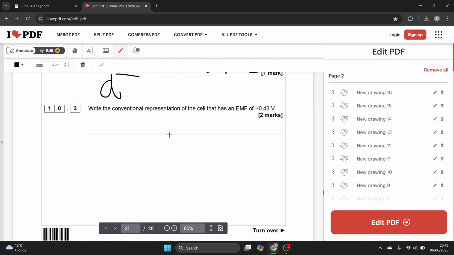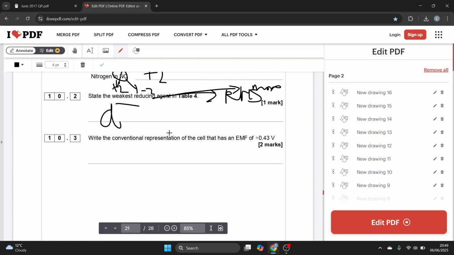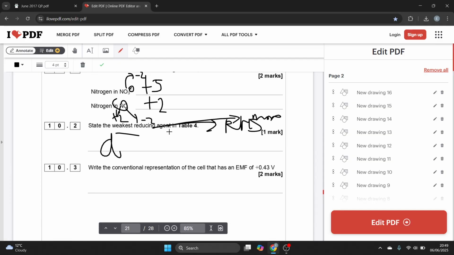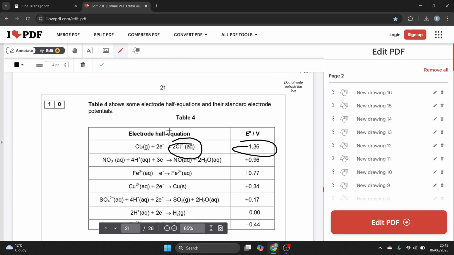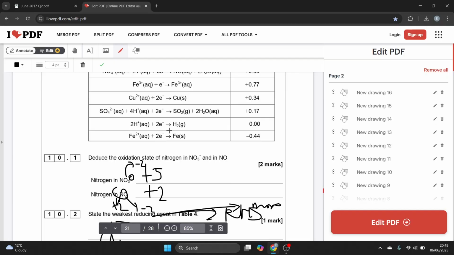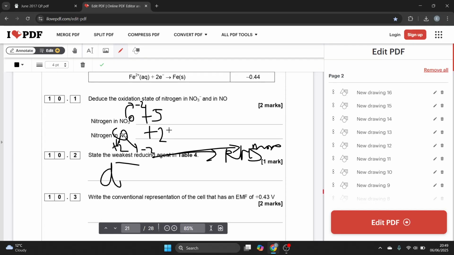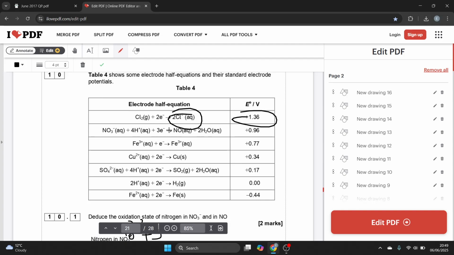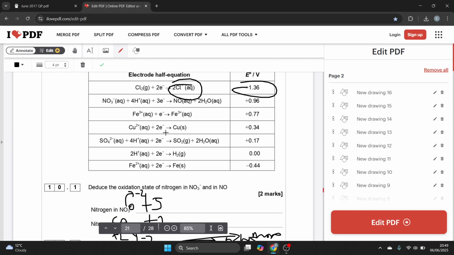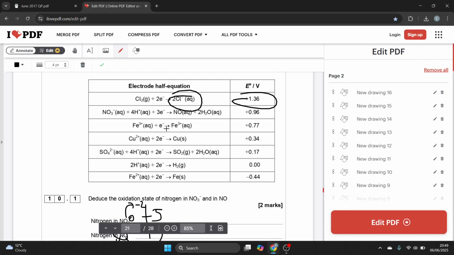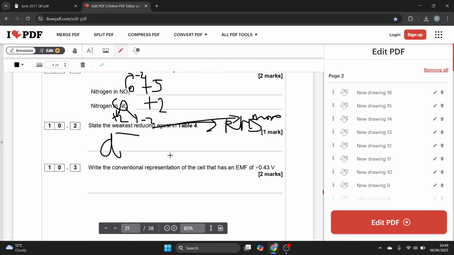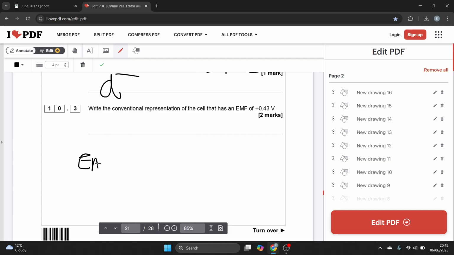Right, write the conventional representation of the cell with an EMF of plus 0.43 volts. So what we need to do is, we know EMF is E reduced minus E oxidized.